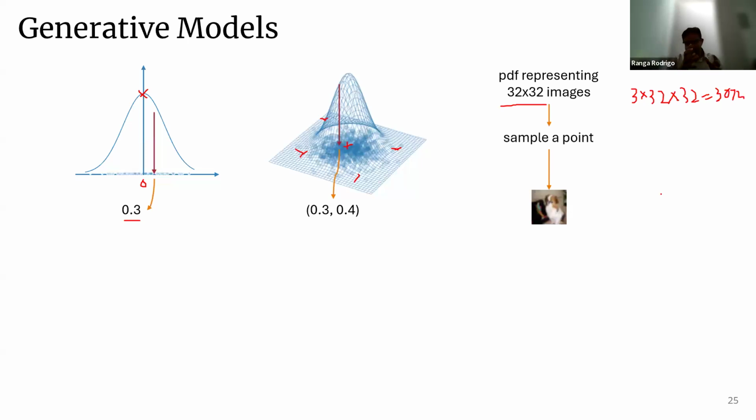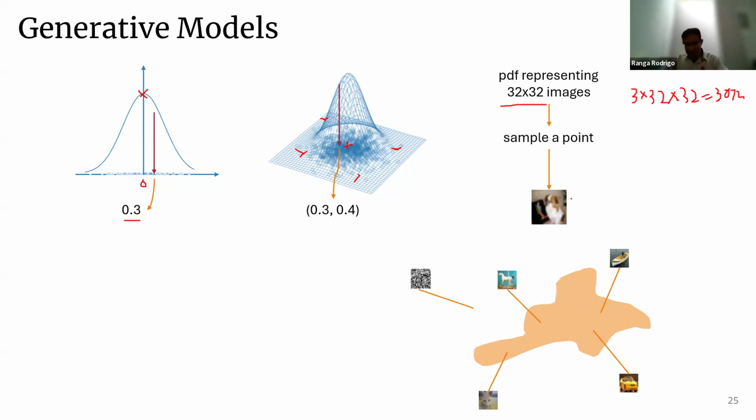Then assume that I have the probability density function of all color 32 by 32 images. Somehow I built it. I can show it using a picture like that, some probability density function domain. If I sample from highly probable areas, I'll get images that actually look like actual images. But if I sample from outside, I will get noise.